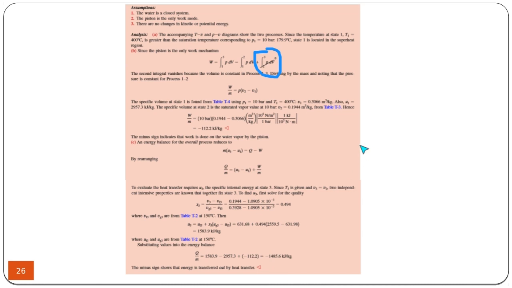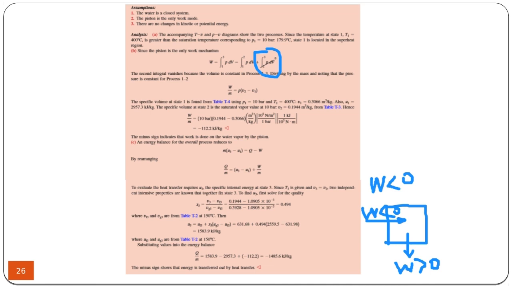Remember the rule: if W is negative, W is inside the system, so the surrounding does work on the system. If the system does work on the surroundings, it's positive work.